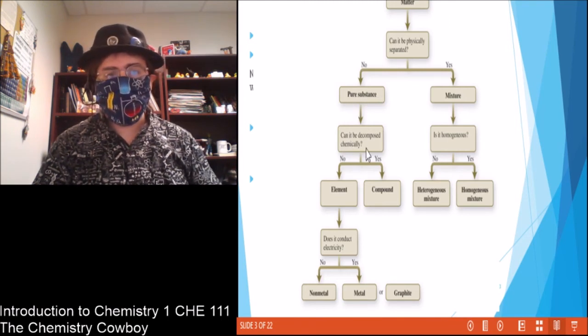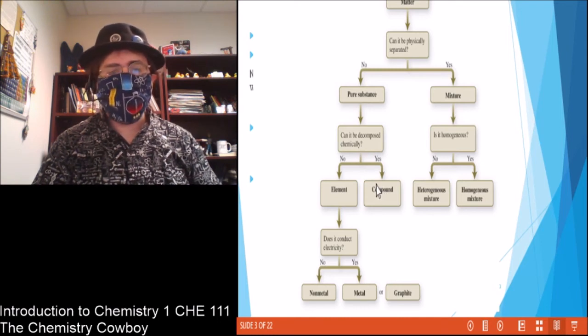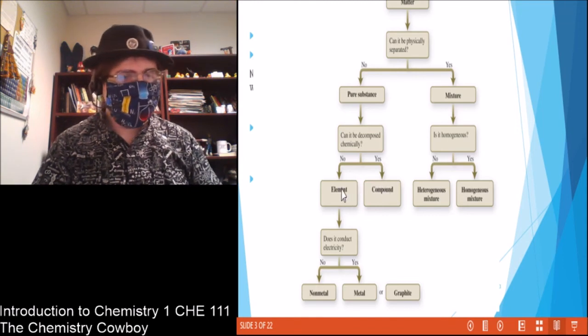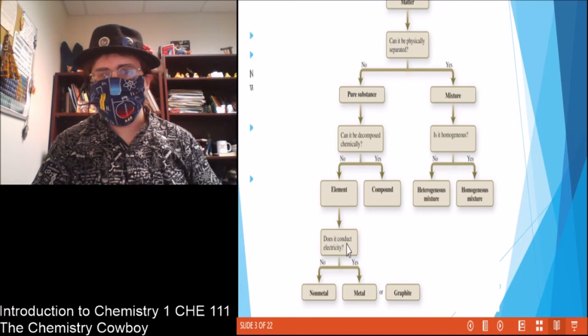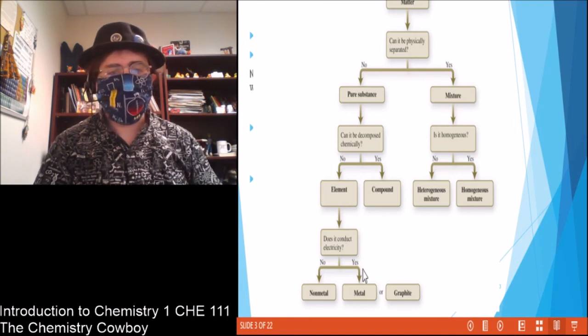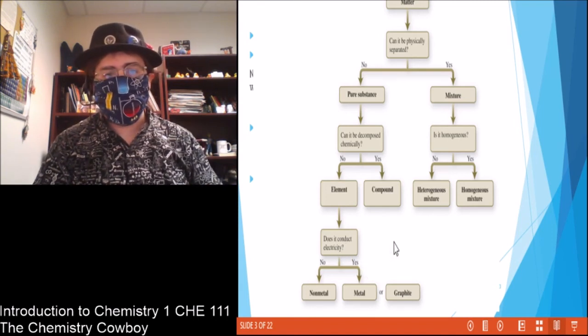Can it be decomposed chemically? If we can break it down chemically, it's a compound, meaning it's made of two or more elements. If I can't, it must be an element itself. Then further, we could break it down by conductivity, whether it's a metal or a non-metal, but we're not going to focus on that so much. But this is a flow chart I stole that's really nice.